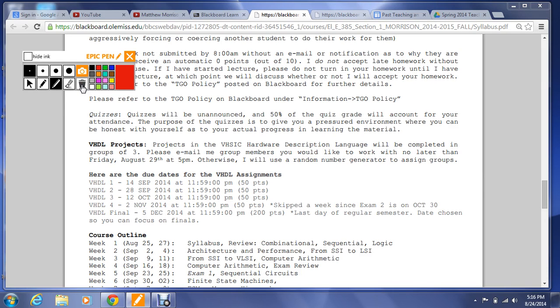And if there's any issue, if there's some blood feud or there are 2 people who really don't get along, and somehow the random number generator just puts you together, please let me know. And I will put you in groups to ensure that you will actually be happy and get work done. So now I have 4 VHDL assignments.